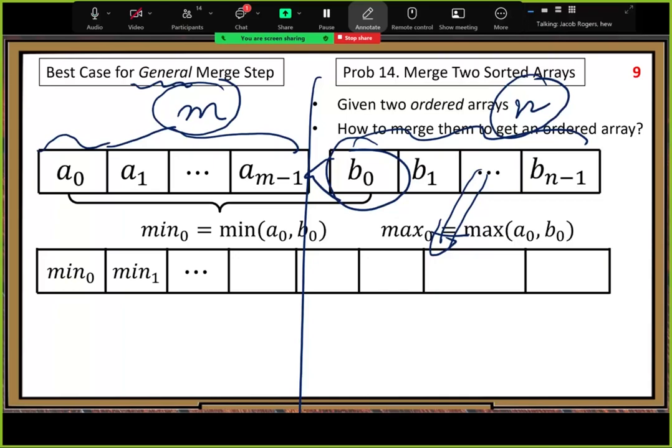In that way, A0 would force all the elements in the B subarray in place. After that, you just copy all the elements in the A subarray in the remaining positions in the destination array. So in that case, the number of comparisons you need is n. And because we assume n is smaller than m, we get a fewer number of comparisons than the previous case.